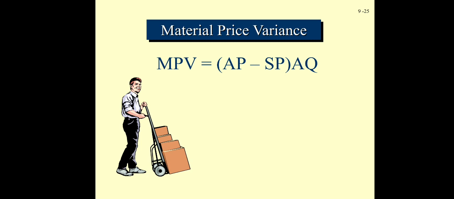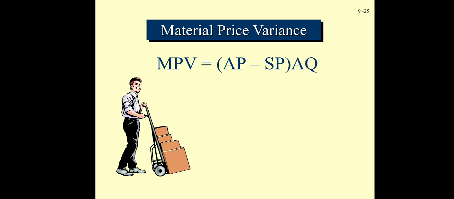So when you want to do variance analysis for every production cost, you have to remember that the variance analysis is done on two aspects of the cost. The first aspect is the dollar aspect, and the second aspect is the quantity aspect.